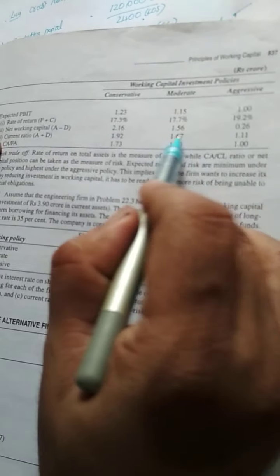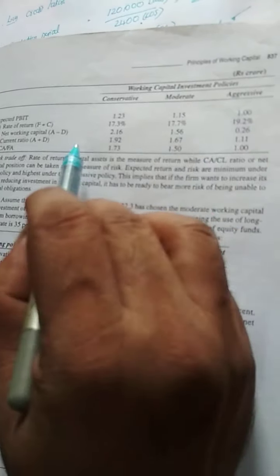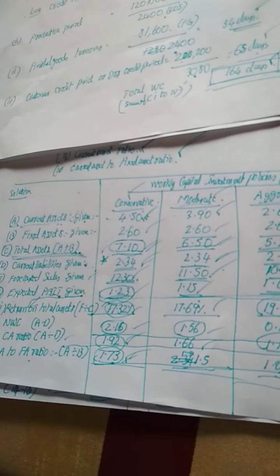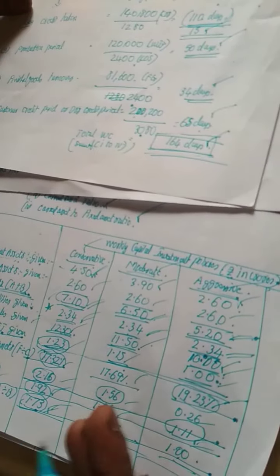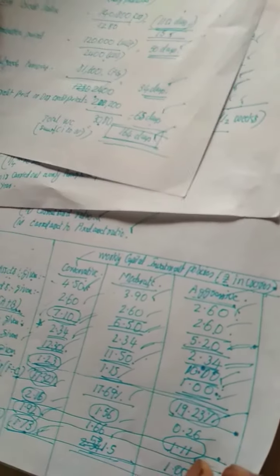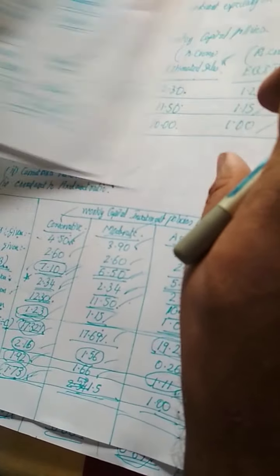Whereas the net working capital position is higher under the conservative policy. And current ratio will also be higher when compared with the aggressive and moderate policy adopted by the organization. And current assets to fixed asset ratio will be higher for companies who are following conservative policy. So only these changes we are finding out. The firm will decide based on the information which policy they have to adopt.